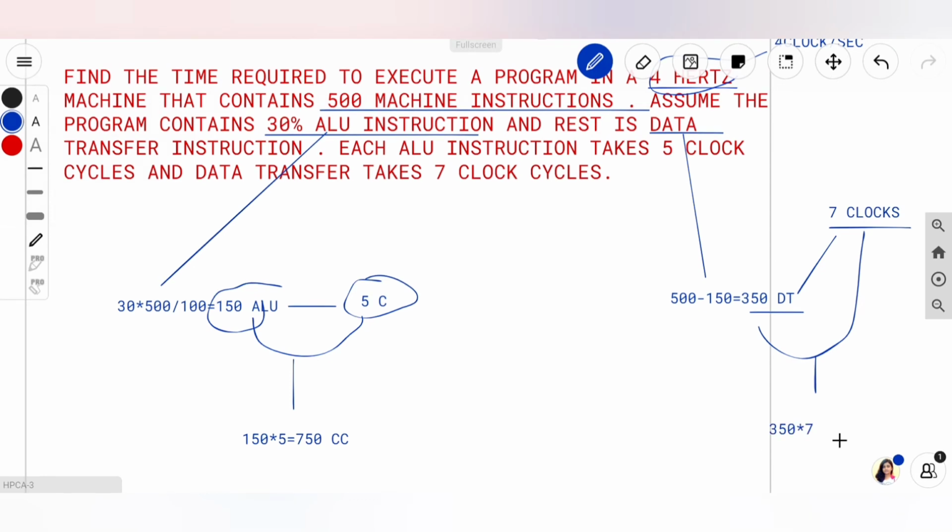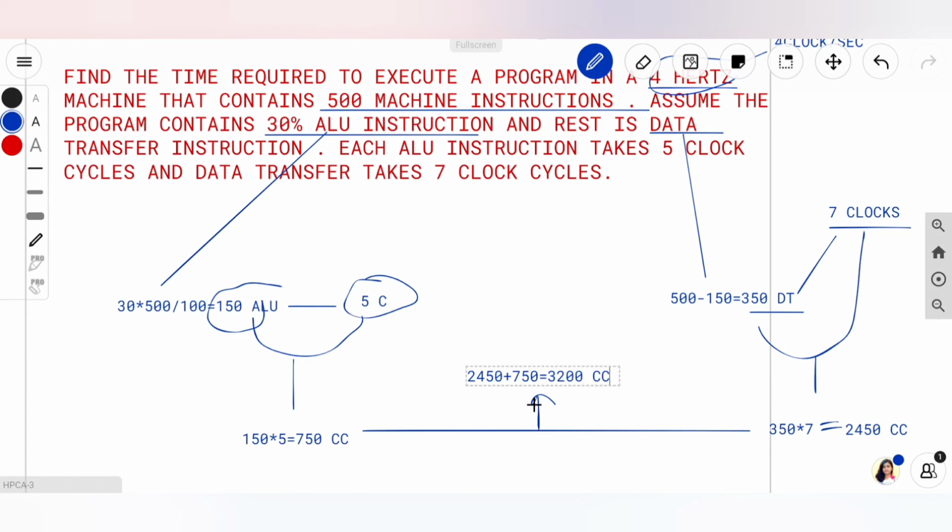So 350 into 7 is 2,450 clock cycles required for the data transfer instructions. In total for the program we need 2450 plus 750 clock cycles, that is equal to 3200 clock cycles.